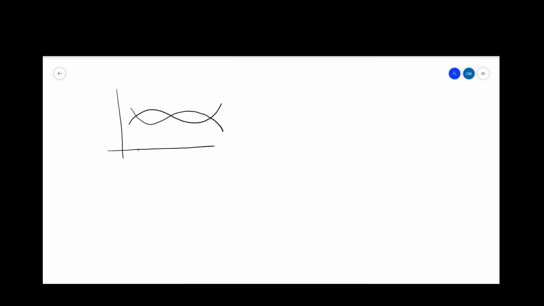In fact, let me use a different color on that one so that we can more easily tell them apart. Suppose I have another function that does something like this. And suppose this is the g of x function, and maybe this is the f of x function. And then suppose that you are asked to find the total enclosed area, which means now you have 2 different regions to look at, right?